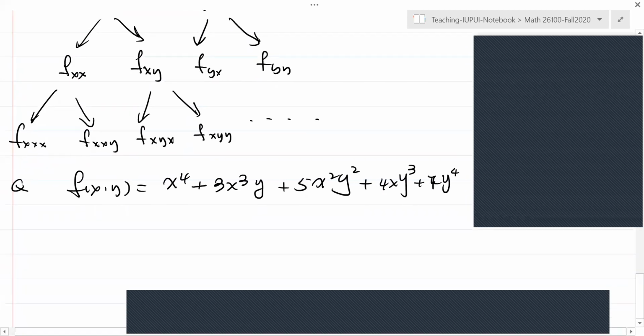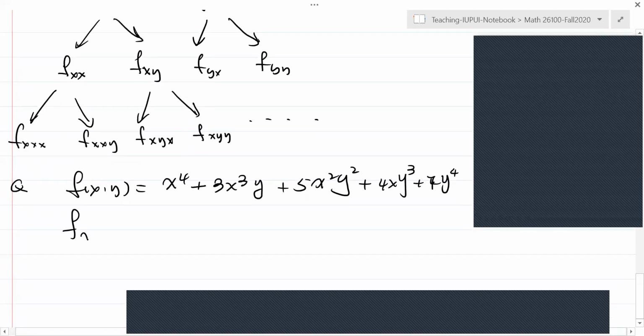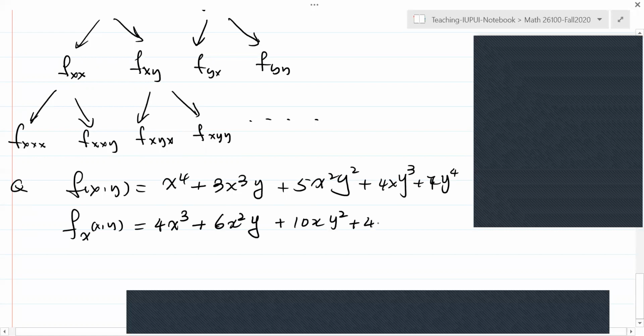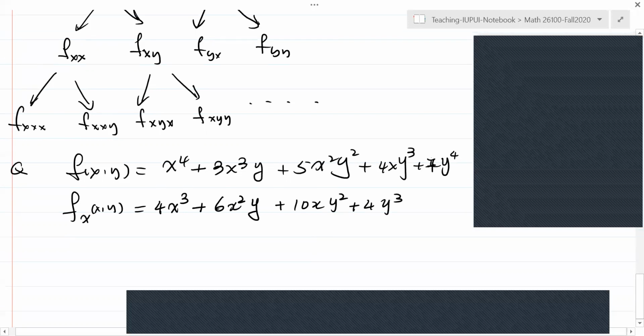All right, let's do some computation. fx is going to be 4x cubed, then this will be 9x squared y, keeping y as a constant, and this will be 10xy squared, and this will be 4y cubed. And the last term is 0, because it's independent of the x variable.